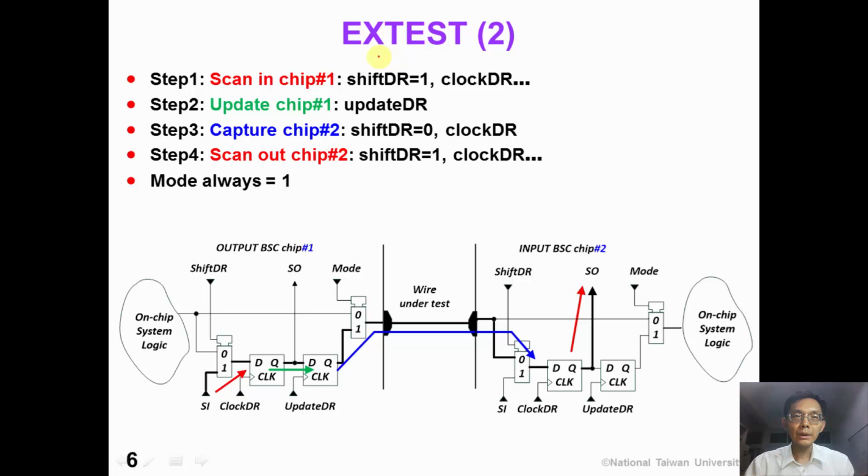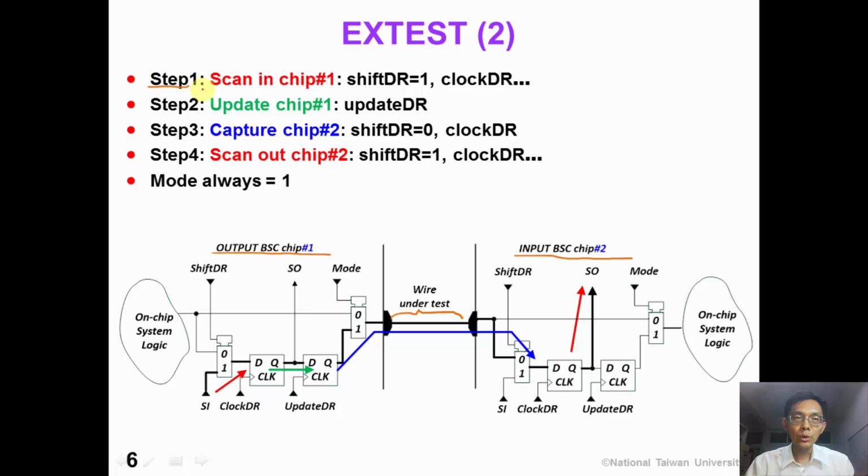This slide explains how we execute the external test instruction. On our left hand side, it is the output boundary scan cell of chip number 1. On our right hand side, it's our input boundary scan cell of chip number 2. And this piece of wire is the wire under test between chip number 1 and 2.